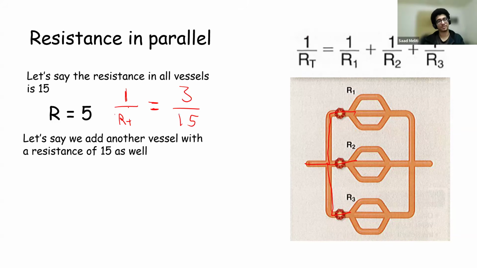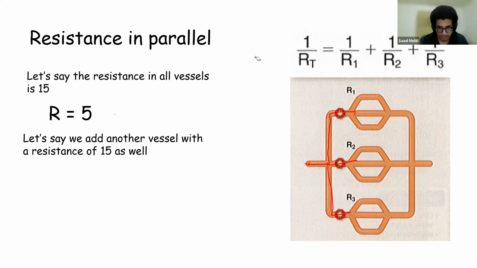Now look at the total resistance. This is reciprocal, right? I explained this to you guys before. And then we have 1 over R total. So to get the R total, we just flip these around. It's as simple as this. So we do 15 divided by 3. And 15 divided by 3 is just 5. That's how we get the total resistance.